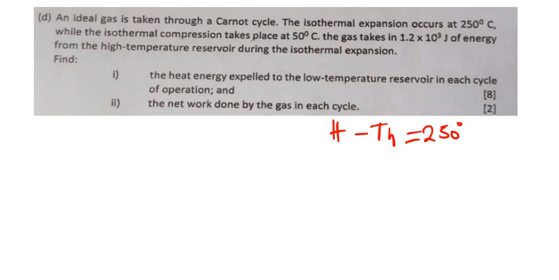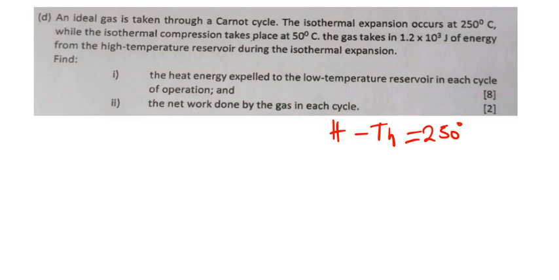The isothermal expansion occurs at 250, while the isothermal compression takes place at 50 degrees. So for the high, we've been given that it is 250. That's the expansion one.